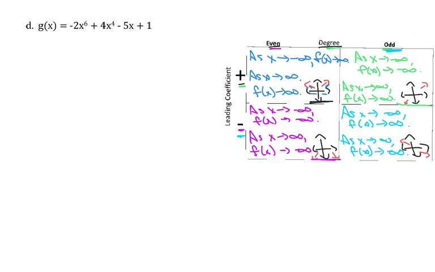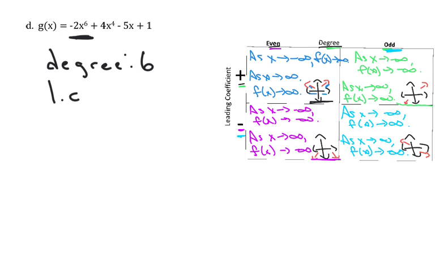So last example, we have g of x equals negative 2x to the 6th plus 4x to the 4th minus 5x plus 1. So this is in standard form. So our degree, one more time, is the highest exponent, which is 6.